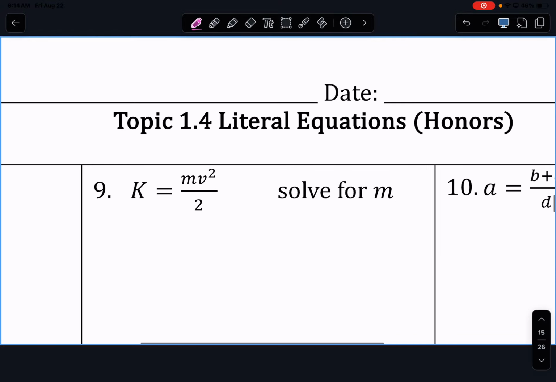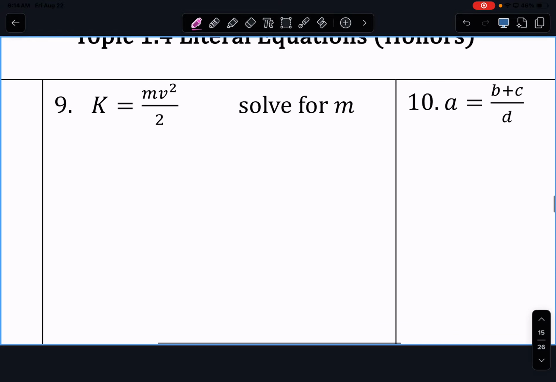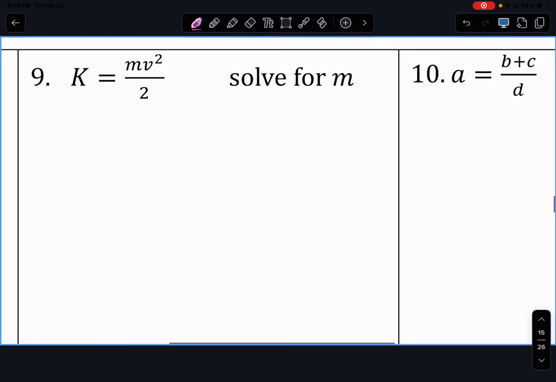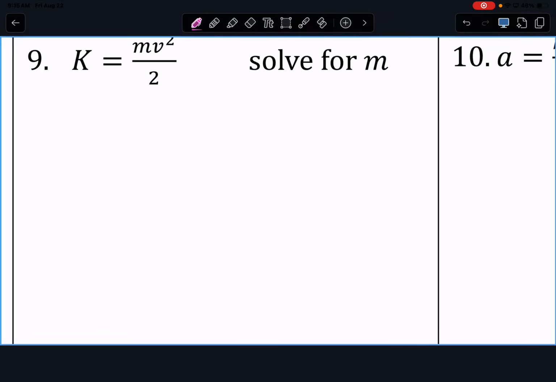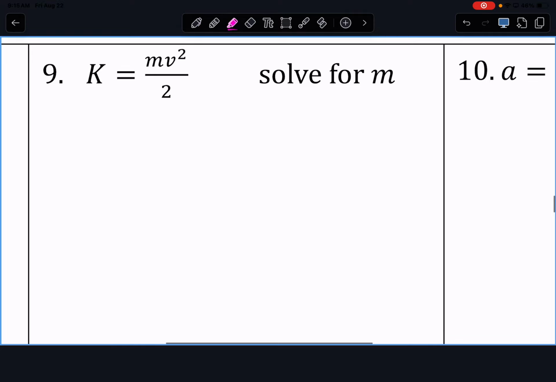So for number 9, all right, what do I need to do first? So we have m times v squared divided by 2. Before I can deal with this part, the numerator, what do I need to get rid of? So how do I do that?